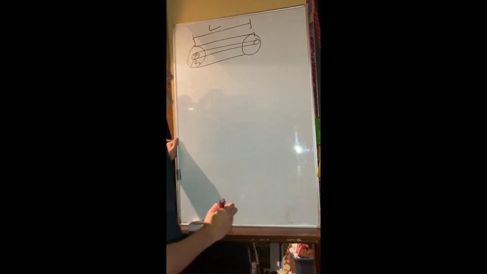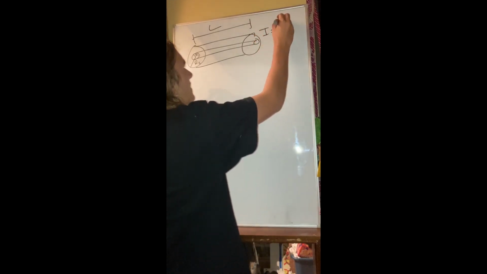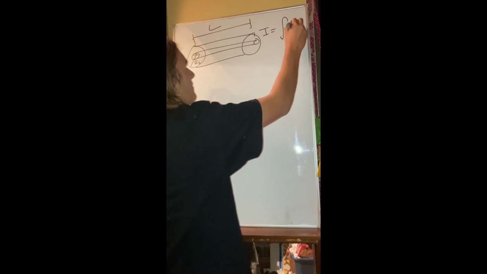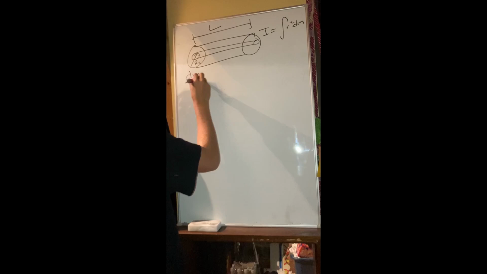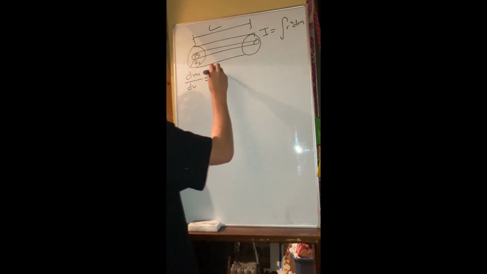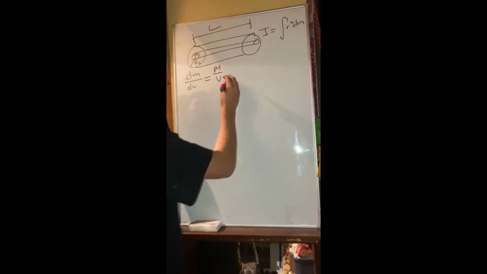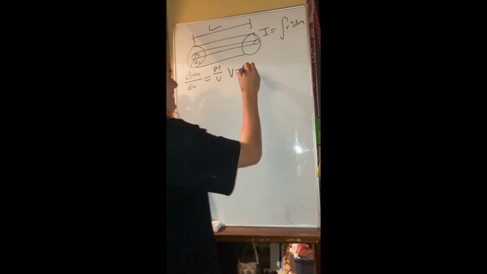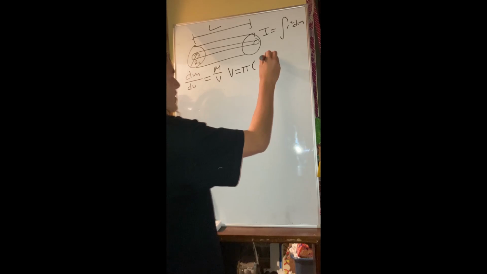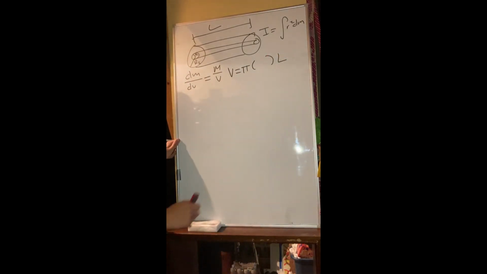So let's start by writing our equation for the moment of inertia. I equals the integral of r squared dm. Now we know that dm over dv, where dv is volume, equals m over v. So now we are going to say that v for a cylinder is going to be pi, and now something squared, it's not going to be r squared, times L. So what is this R?